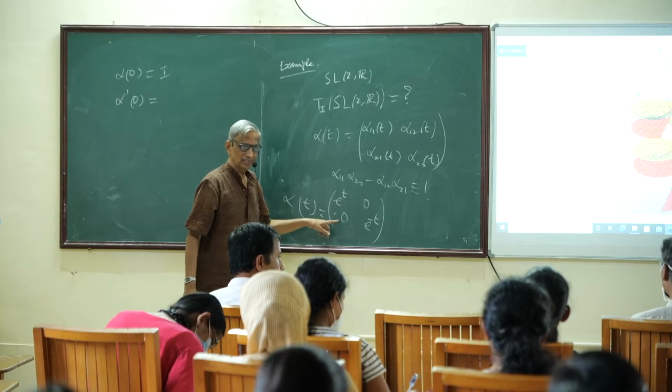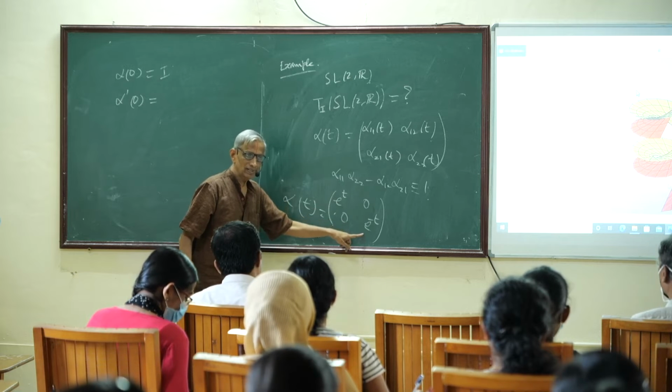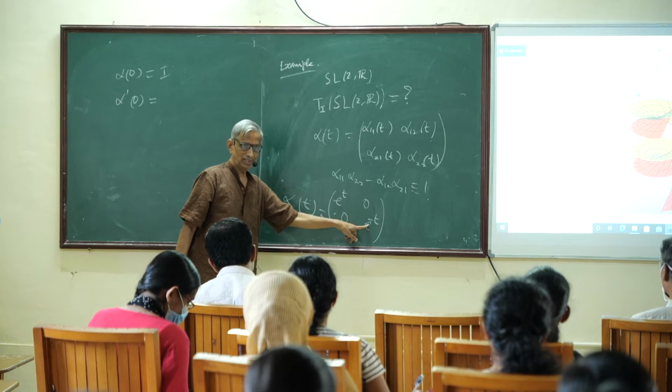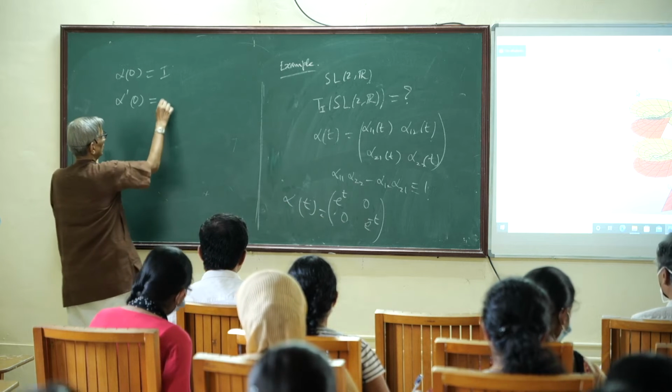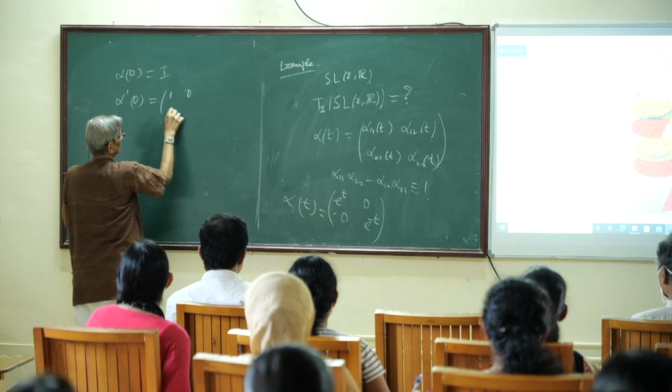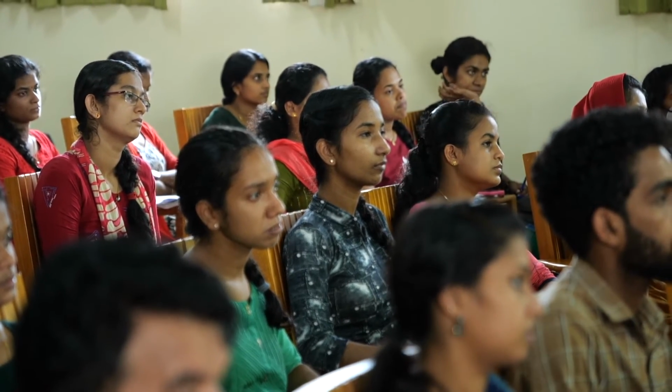You have to differentiate these things: e power t, 0, 0, minus e power minus t. Evaluate at 0: 1, 0, 0, minus 1. Right? So this is one tangent vector to SL2.